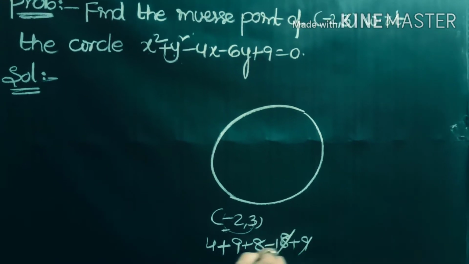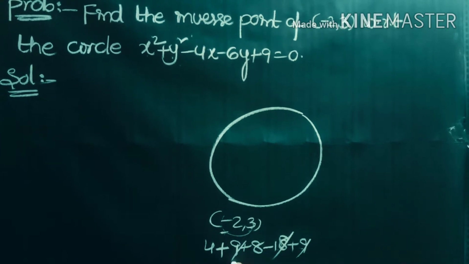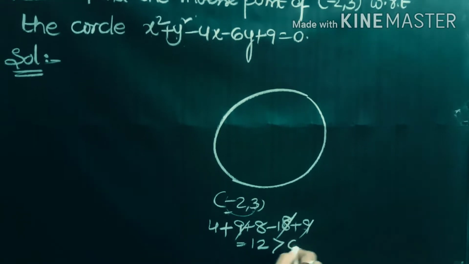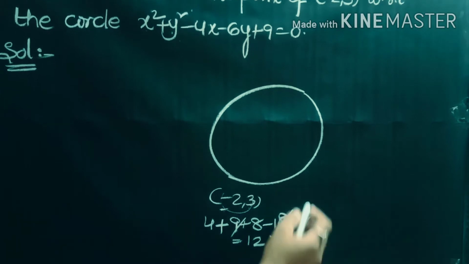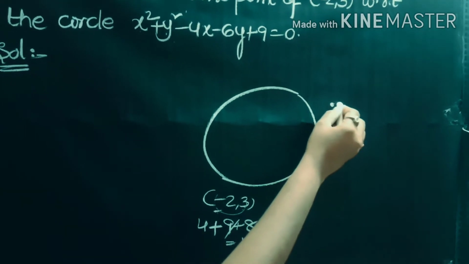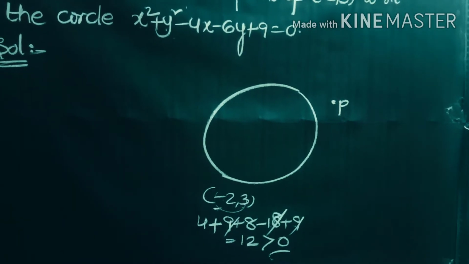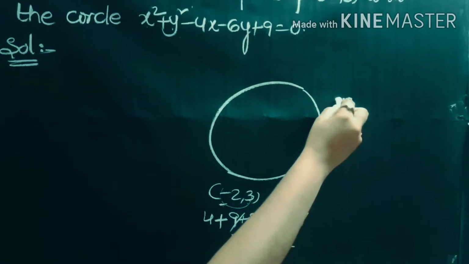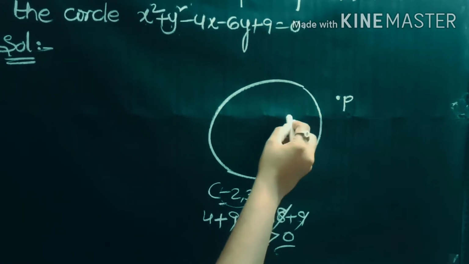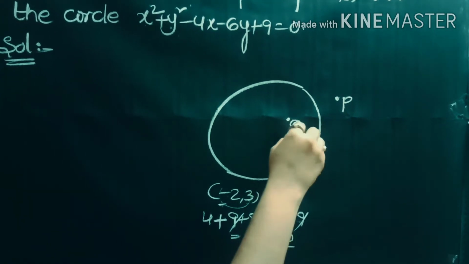Here plus 9 and minus 9 cancel, and plus 18 minus 18 cancel. So the answer is 12, which is greater than 0. S11 greater than 0 means the point P lies outside of the circle. If the point P lies outside of the circle, then its inverse point lies inside of the circle.